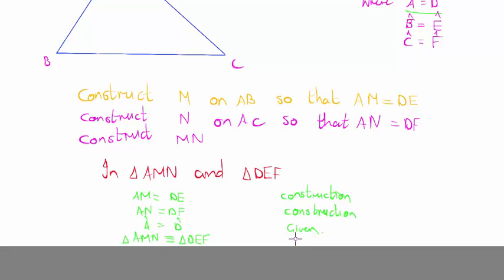And the way we've done it is by showing that there's a side, an inclusive angle, and another side that's equal. I didn't have to prove it in that order, side, angle, side. You could have, that would have been neater and maybe made more sense to you, but as long as the angle is between the two sides, it doesn't matter where you've proven that. Okay, does that make sense?